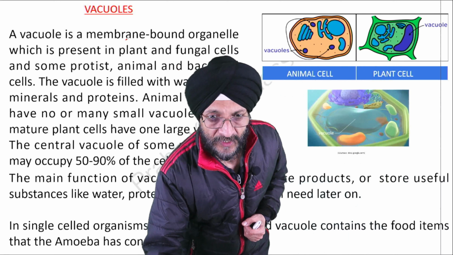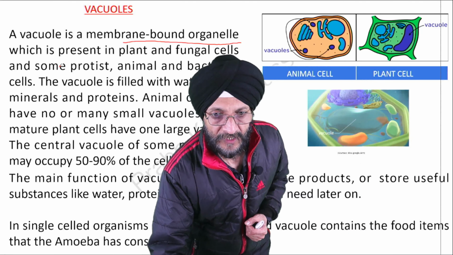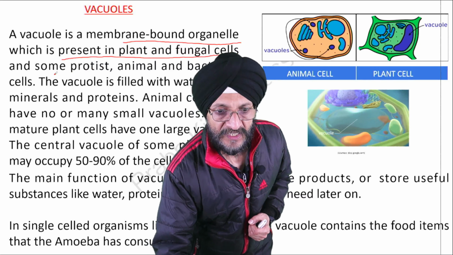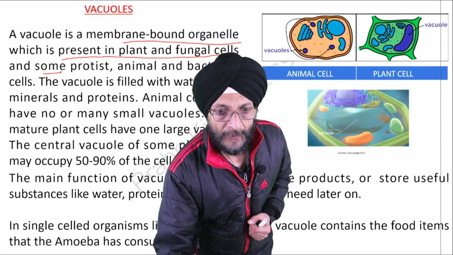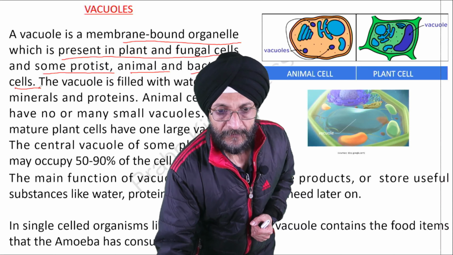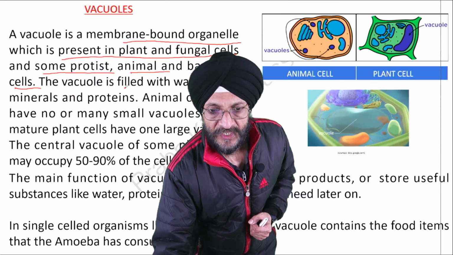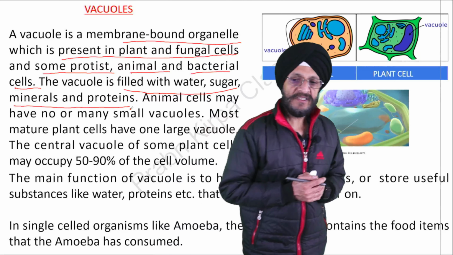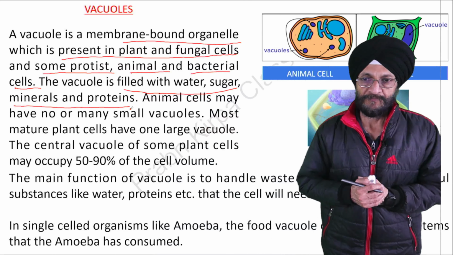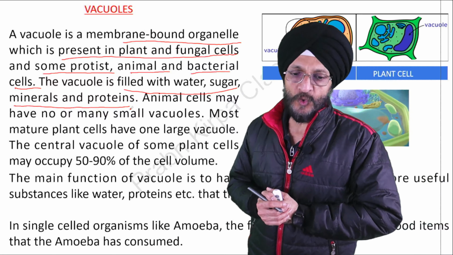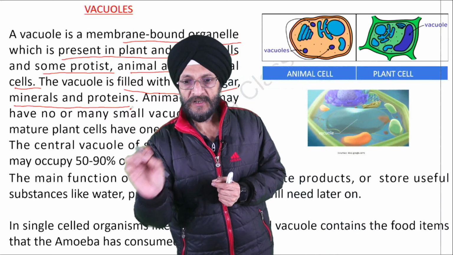Vacuole is a membrane bound organelle which is present in plant and fungal cells and some protist, animal and bacterial cells. The vacuole is filled with water, sugar, minerals and proteins. As already told, animal cells may have no or many small vacuoles.